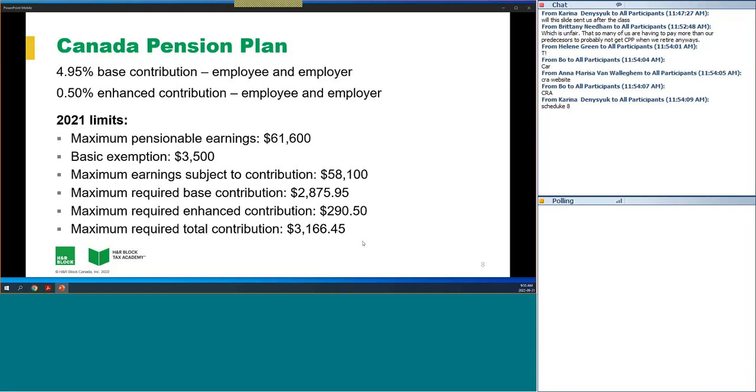And that means the total contribution, the most that anyone in 2021 is allowed to contribute to Canada Pension Plan, is 3,166.45. Okay, so all of the rest of the numbers can be calculated from the first two numbers and the percentages. But if you don't want to calculate them, look at a Schedule 8. They are all in there.